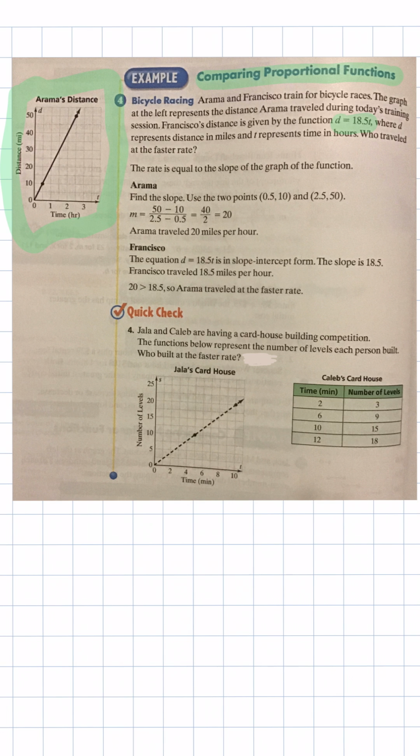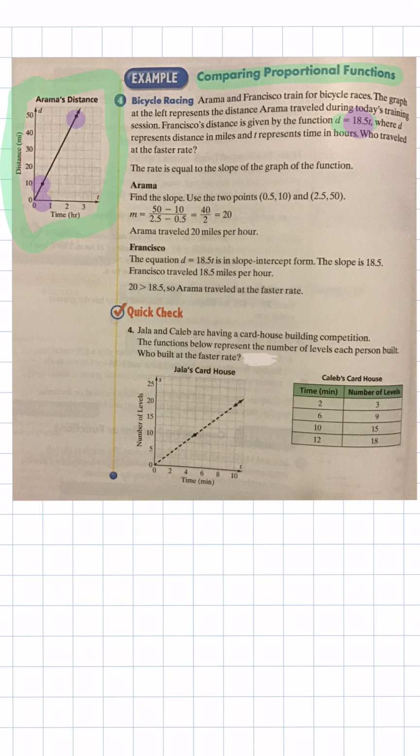So this one is showing us that 18.5 is the rate of change. That's the slope. So we want to find Arama's slope. So we use 2 points. So we have 0.5 and 10. So see, this one's 0.5 because it's halfway between the 0 and 1 and goes up to 10.